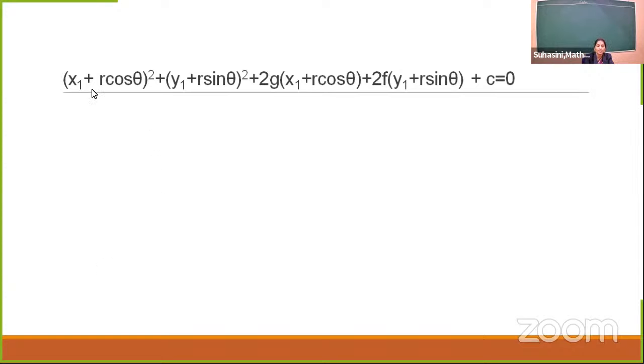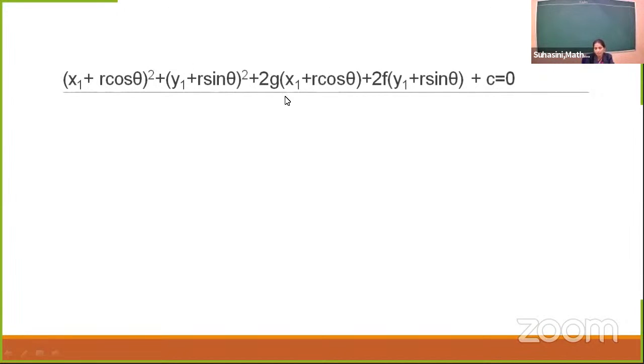This is a plus b whole square, children. This is also a plus b whole square. Can we expand using a plus b whole square? What shall we get? x1 square, r square cos square theta, plus 2x1 r cos theta. Again here, y1 square, next this term will be r square sin square theta, and the 2ab term, 2y1 r sin theta.